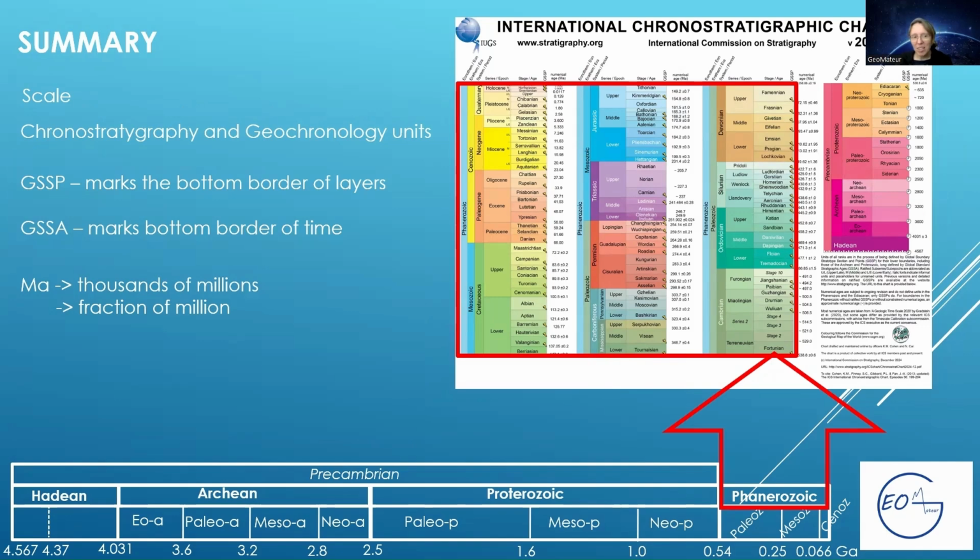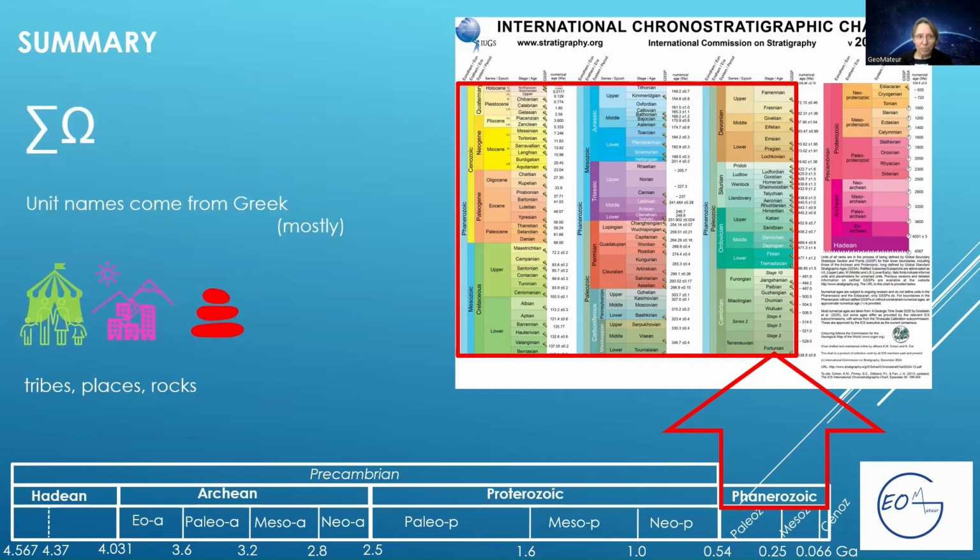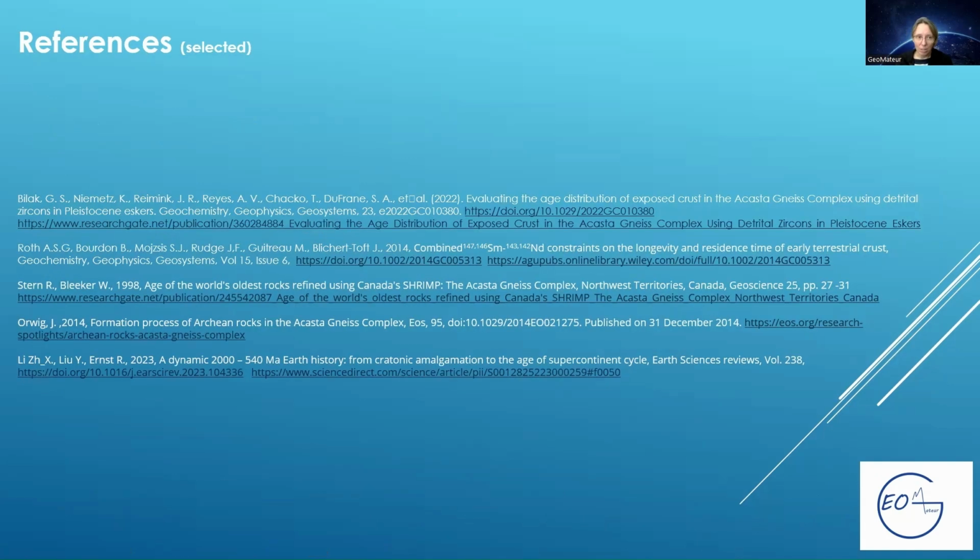GSSA, I'd say, marks the bottom of a layer of time. And the main unit for measuring age is given in millions of years. So that's why we have thousands of millions and also fractions of a million. Most names come from Greek, but some from tribes, places, and typical rocks.